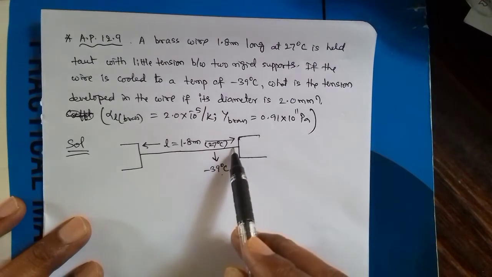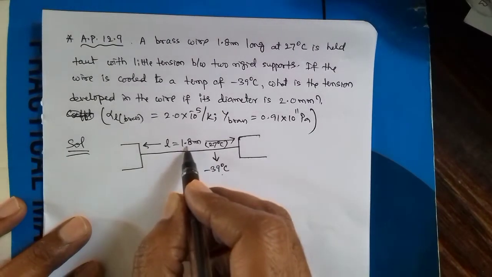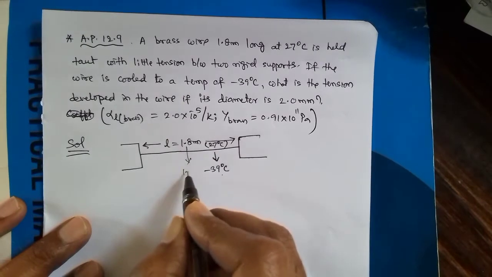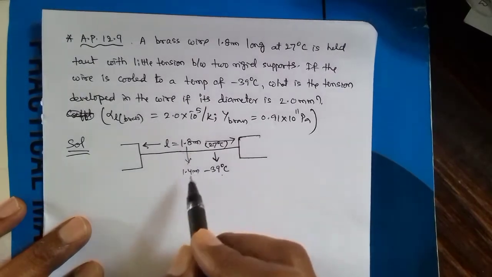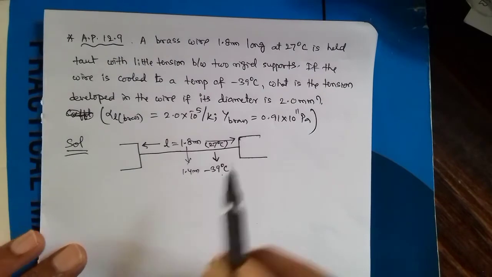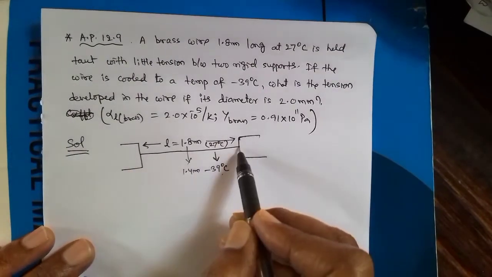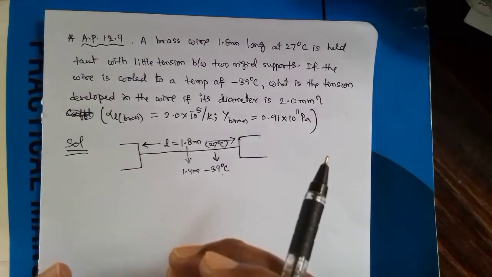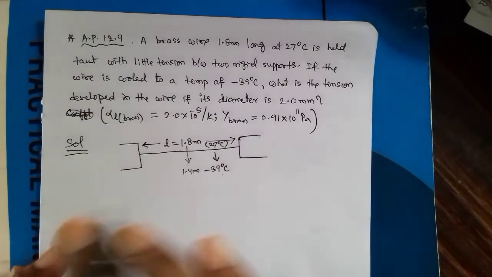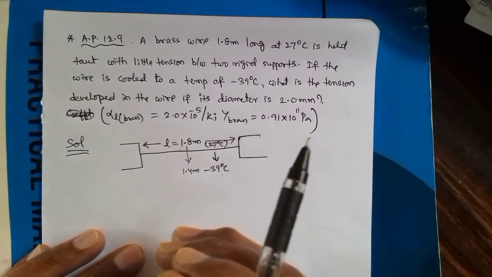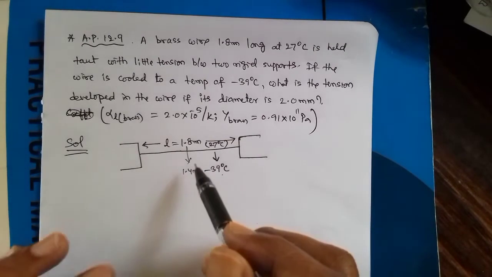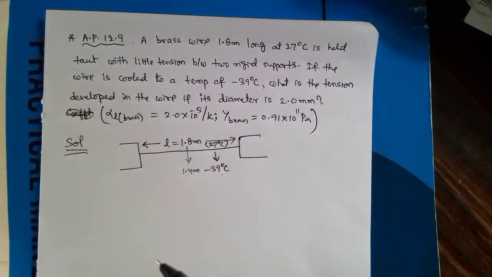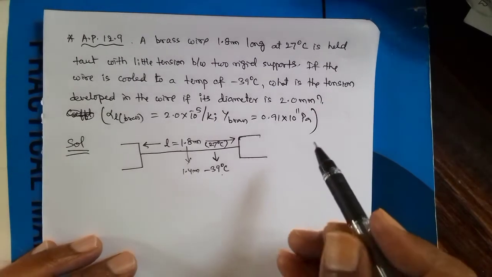So its length should become, suppose, some 1.4 meter. Its length must decrease, but it is held fixed by the supports. It is prevented from contracting. In the previous problem, it was prevented from expanding, and here the wire is prevented from contracting. So this also comes under thermal stress. Here stress means force by area.